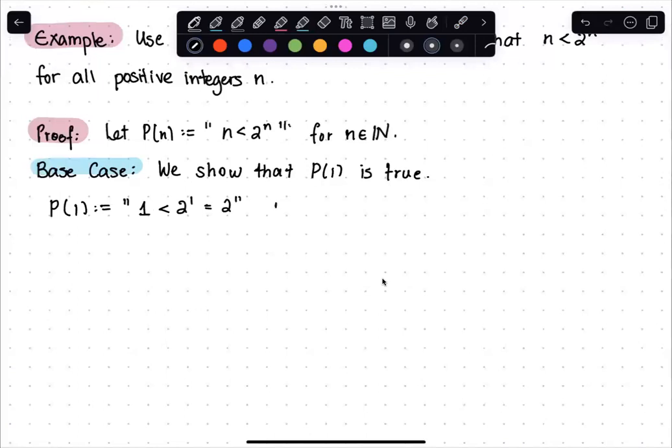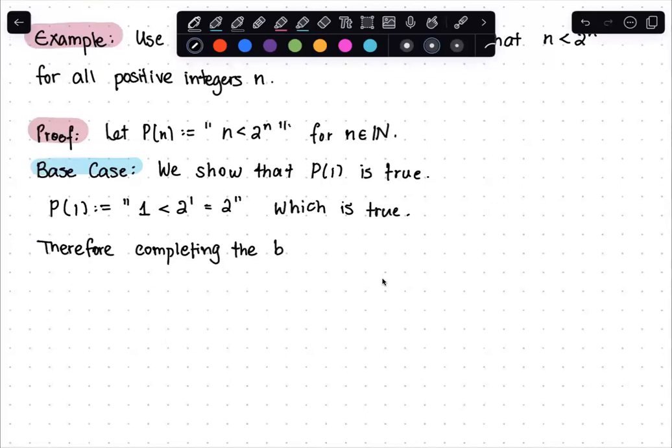So therefore, we completed the base step, completing the base case. Okay, so that's the base case. Now we have to move on to the inductive step.